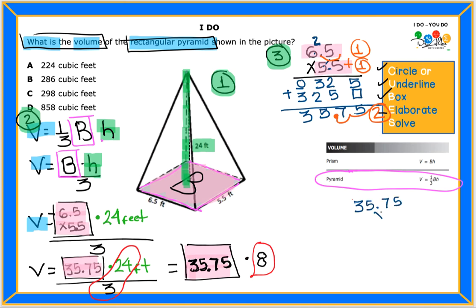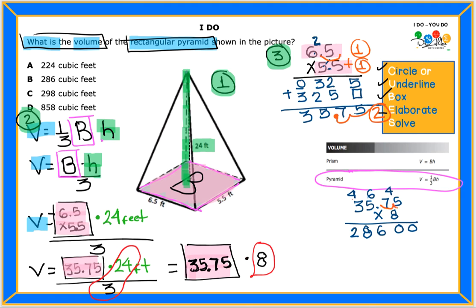35.75 times 8. 8 times 5, 40. 0 and we carry 4. 8 times 7, 56. 56 plus 4, 60. 0 and we carry 6. 8 times 5, 40. Plus 6, 46. 6 and we carry 4. 8 times 3, 24. Plus 4, 28. Now let's check the decimals on each factor.